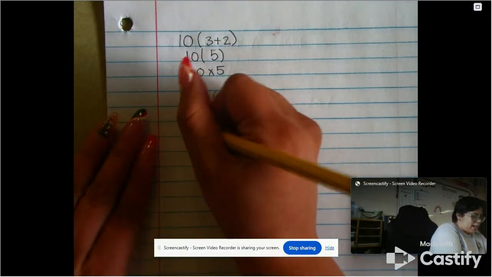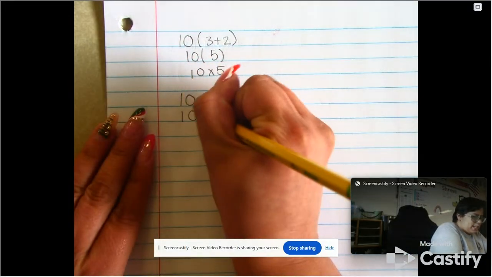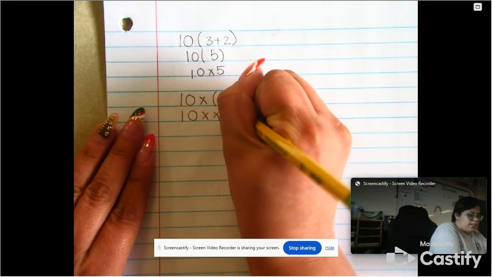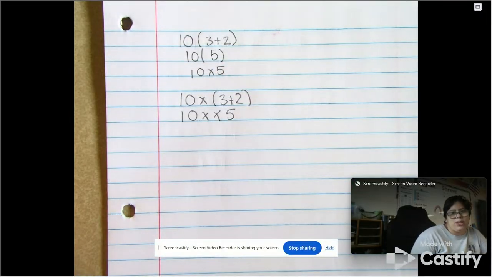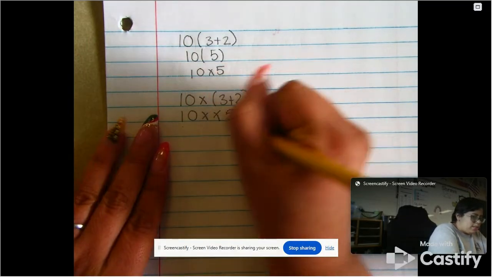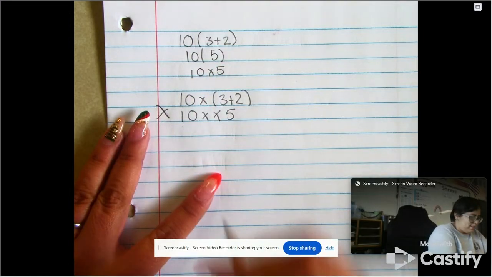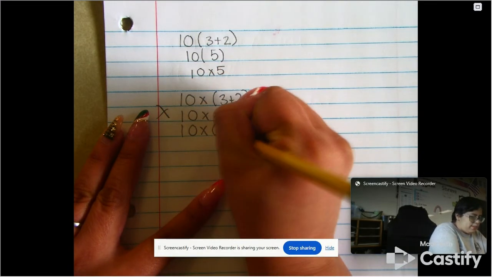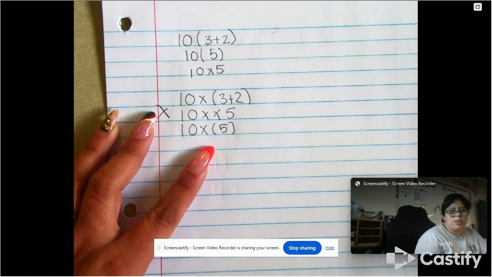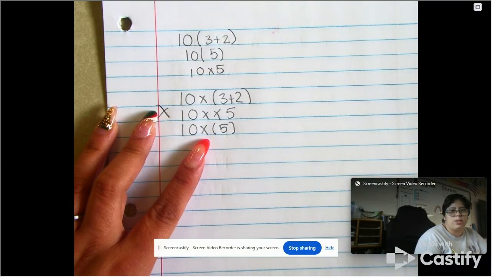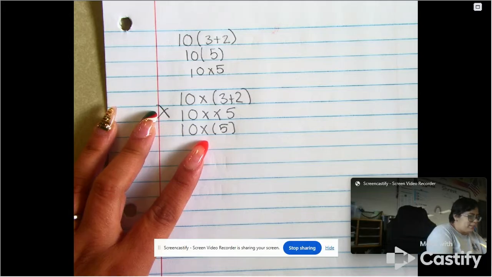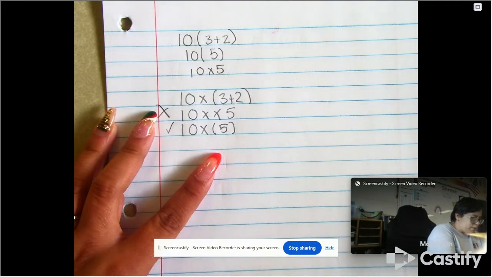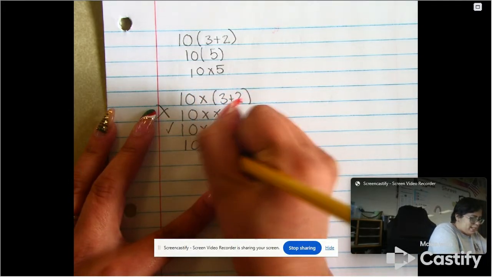We would not write it as 10 times 5 like that, that doesn't look right, and that's not something we do. So we wouldn't exchange our parenthesis for that. This is not right. Do not do that. What you could do is say 10 times and then a parenthesis and then the 5, if you want to keep it like that. That's fine, and you know that this just means to multiply. But really, all you're saying is it's still just 10 times 5.